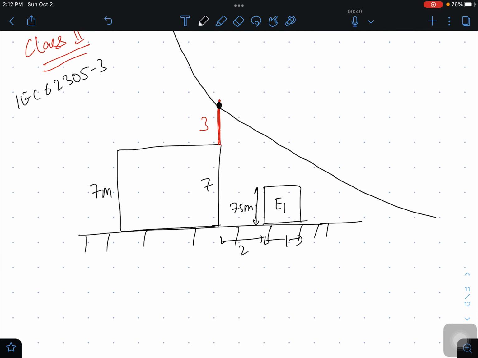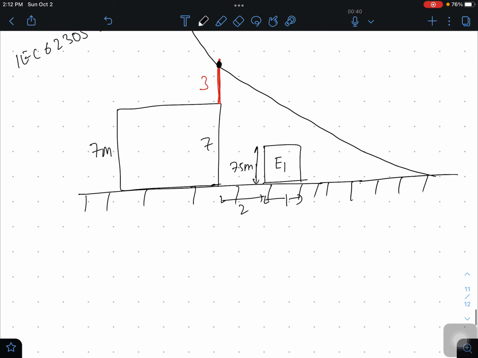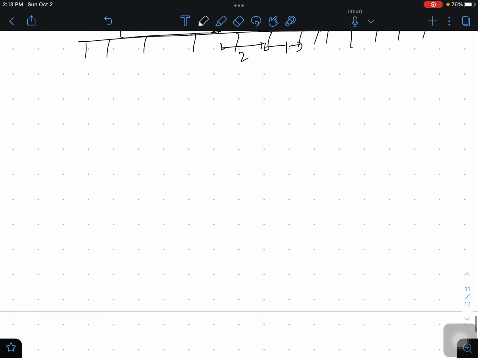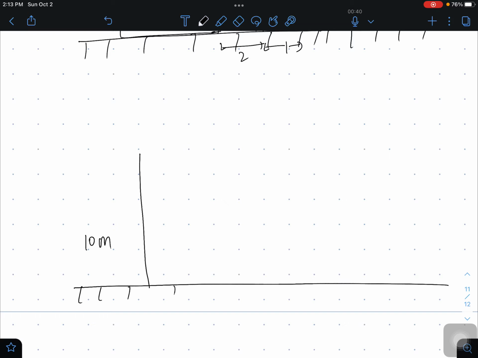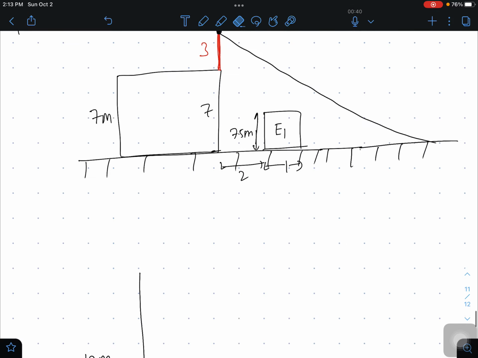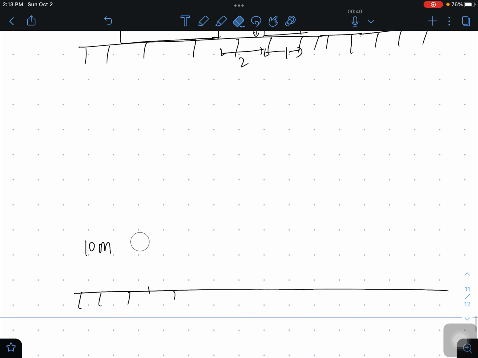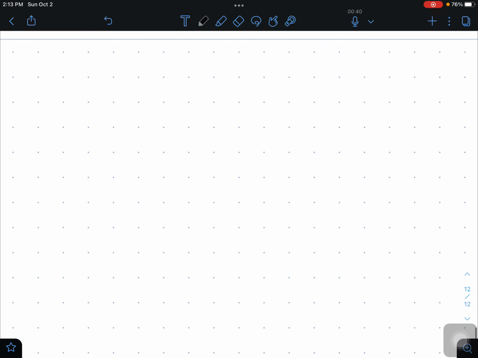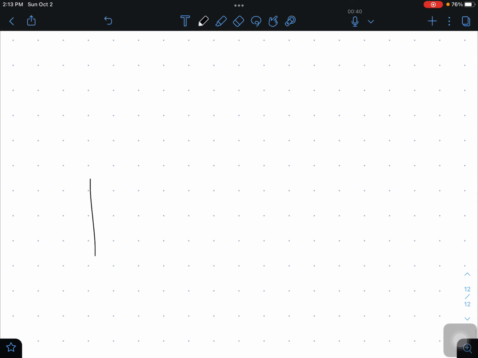So in this case, whether the sphere is cutting the equipment or not, that is what we have to check. So let us suppose we draw a rod of 10 meters. I will erase this and draw on a fresh page. So let us draw it here. This is a 10 meter long rod.